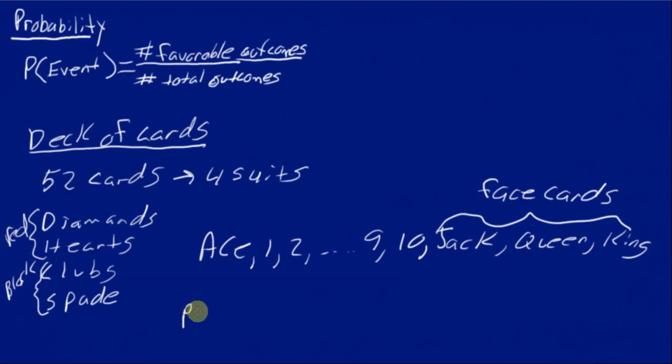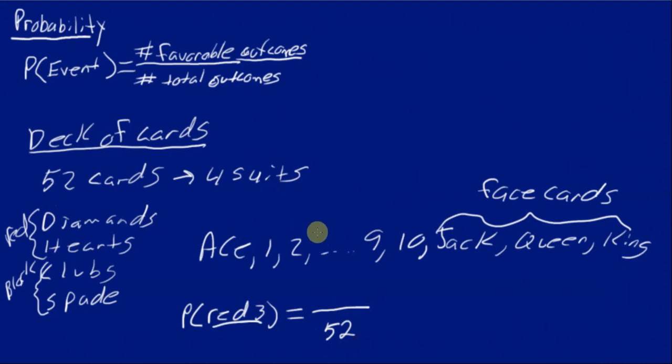So if I wanted to get the probability of picking a red 3, well, let's take the easy part. On the denominator, the total outcomes. There's 52 cards. If I'm picking one card at random, I have 52 possible cards that I can pick. Now, how many red 3s are there? Well, diamonds are red and hearts are red.